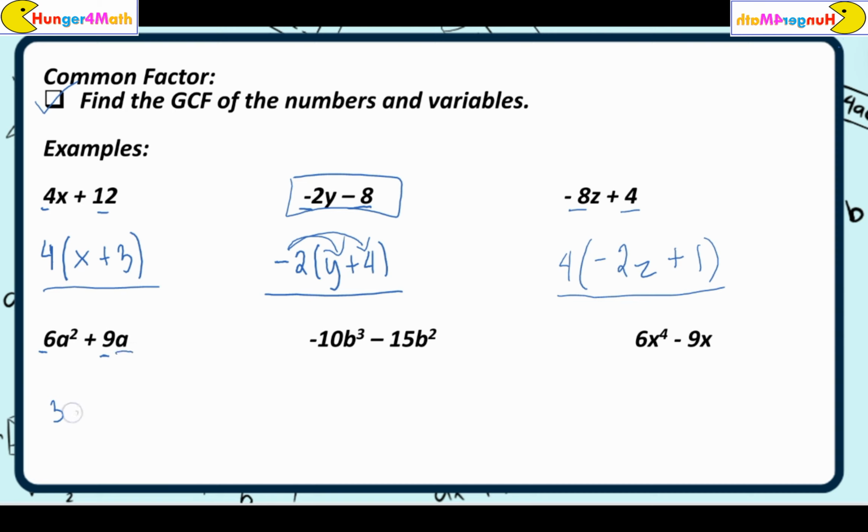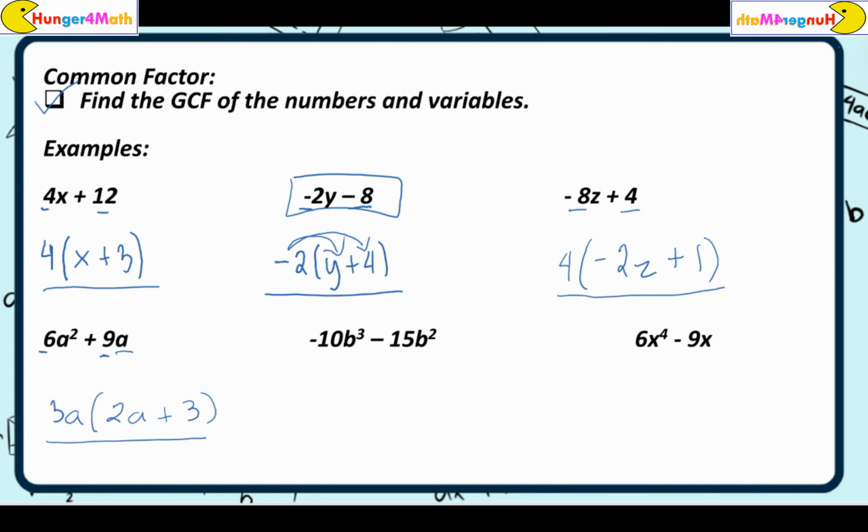So that will be 3a for our GCF. That's how we factor the variables. Now, let's divide. So 6a squared divided by 3a is 2a. Then positive 9a divided by 3a is plus 3. So here is our answer.